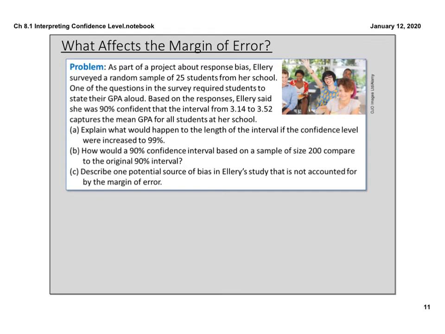Okay, so let's unpack this a little bit. What could possibly be wrong with this scenario? So in part A, it says explain what would happen to the length of the interval if the confidence level was increased to 99%. If you increase your confidence level, that also increases your margin of error, which makes your confidence interval wider.